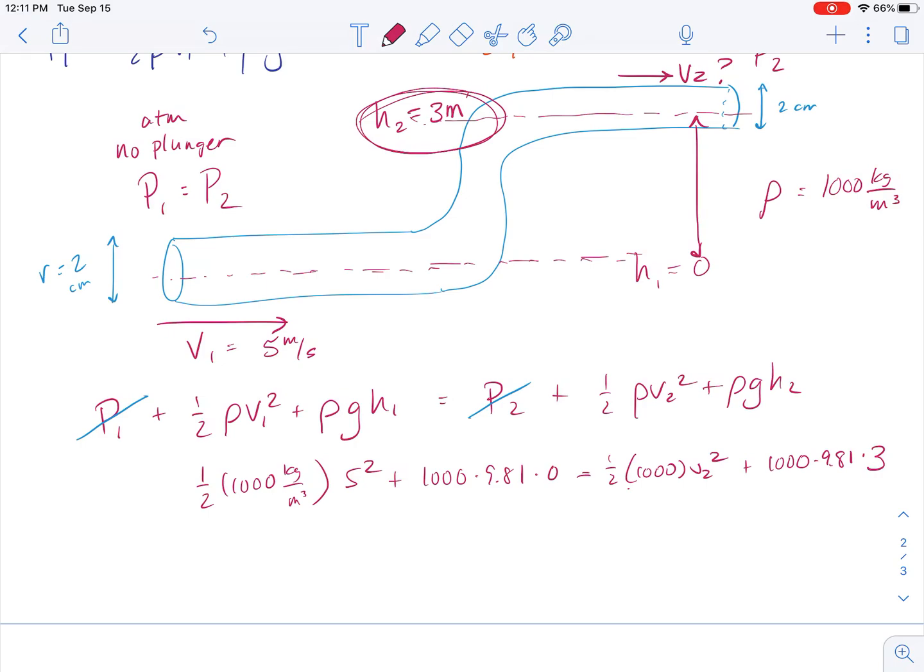That's fun. Okay, this is 12,500. Notice that the gravitational potential energy portion is 0. And then over here we've got 500 V2 squared plus, let's see what we get here.